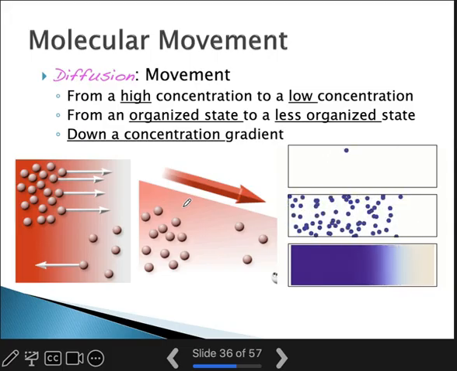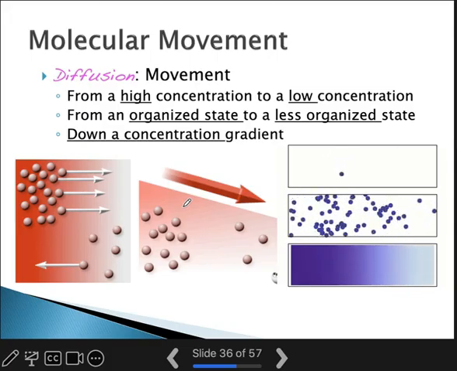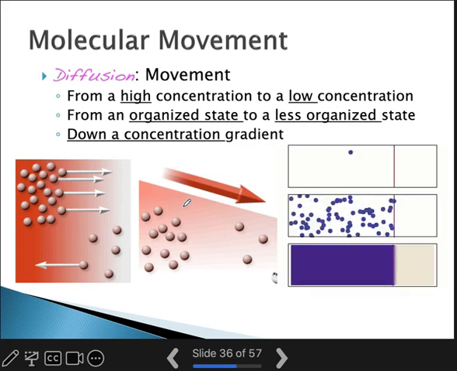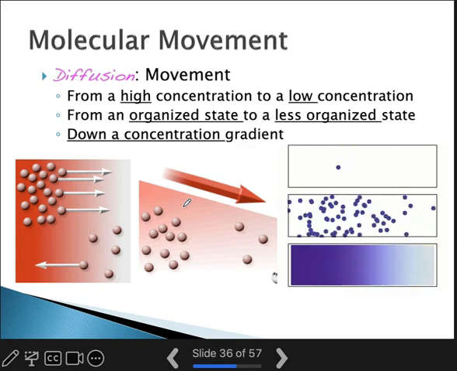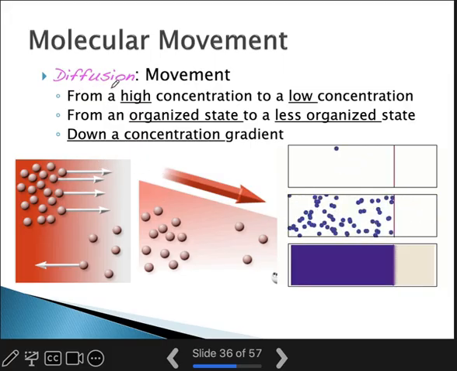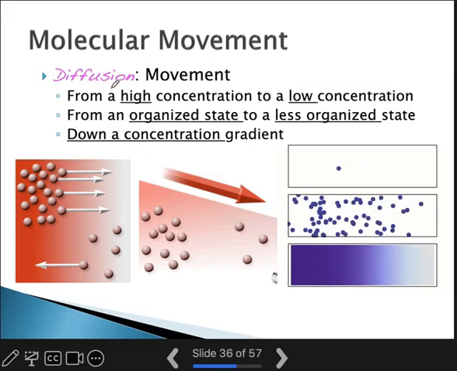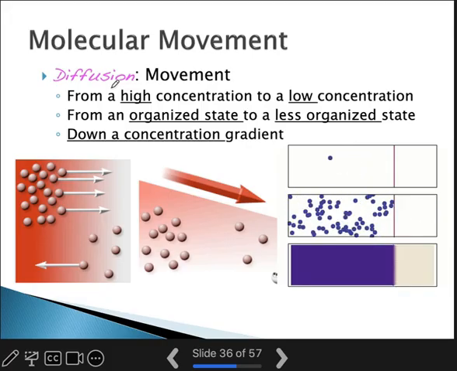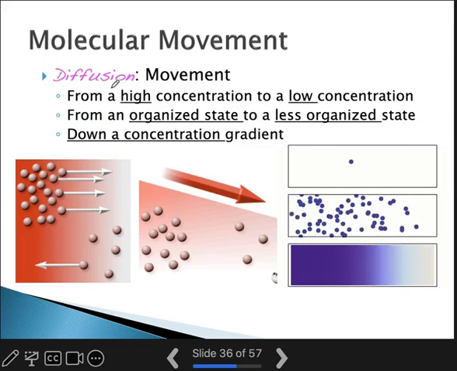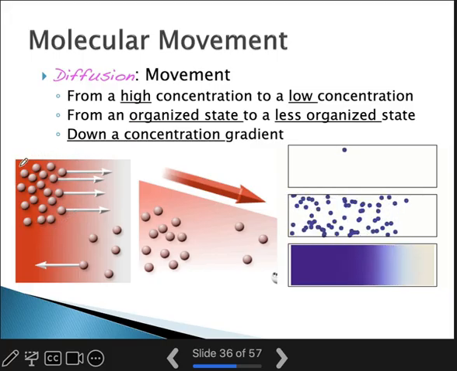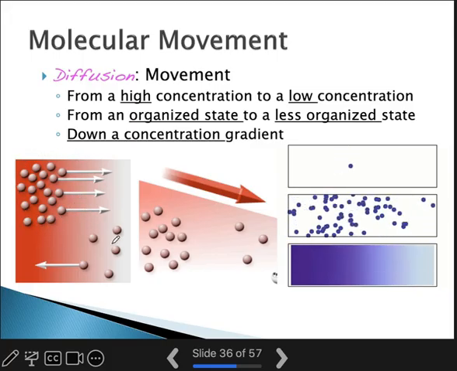It's not defining life, because according to the second law of thermodynamics, all systems, if there's enough energy, move to disorganization. So diffusion just defines that in the context of particles, and says that if the second law of thermodynamics is true and all systems work to become less organized, then they'll work from an organized state where there's more of them on one side to where there are less of them.